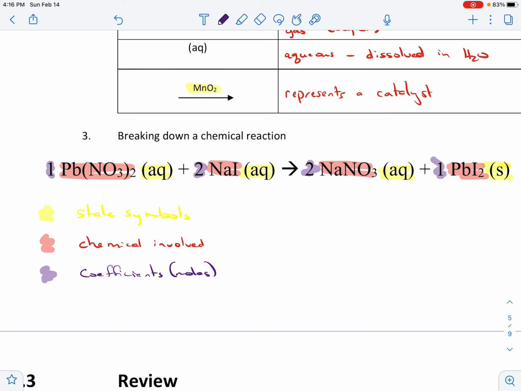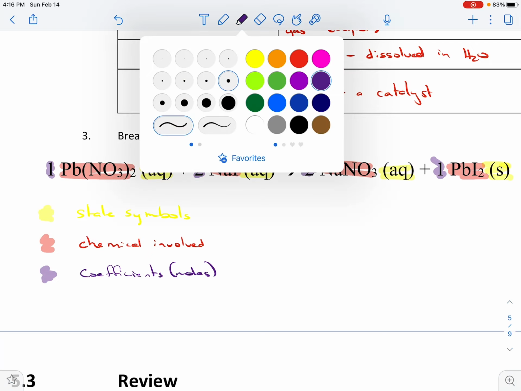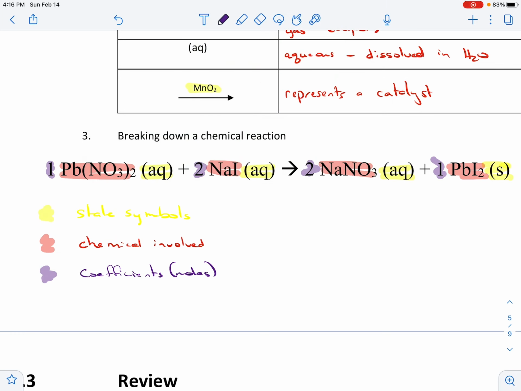And last but not least, we have our plus signs, and our arrow. These are kind of telling us how our reaction is going. Kind of our setup of it all. Okay. All right, see you on the next one.